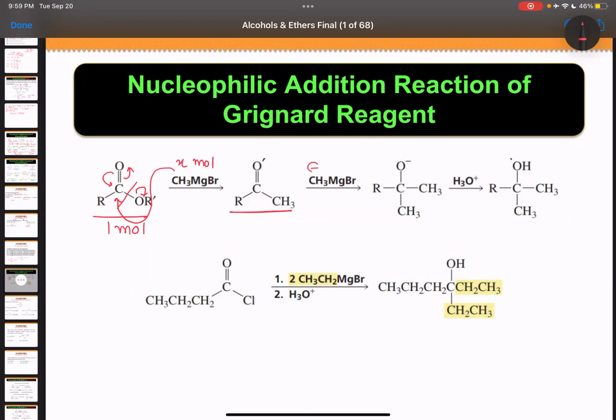So what is going to happen if you have one more? It will react with the other alkyl group as well. That is going to come and join, right? And now nothing is going to come out because all are carbon. And if you react it with H plus, it is going to become an alcohol. And the same thing happens with your acid chloride also.